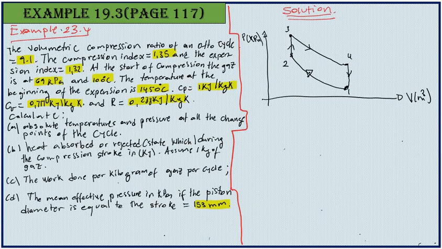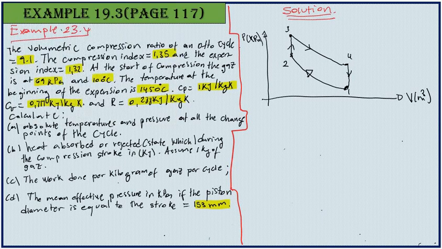So now in question 1, they want us to determine the absolute temperature and pressure at all the change points of the cycle. So at point 1 we have the pressure, which is 69 kilopascal, as well as the temperature.